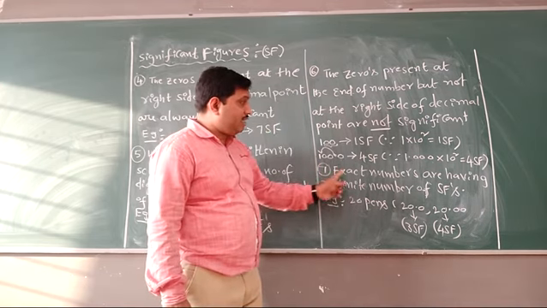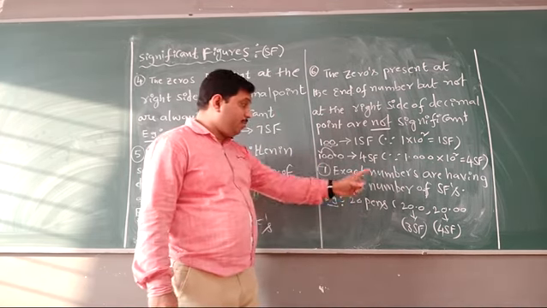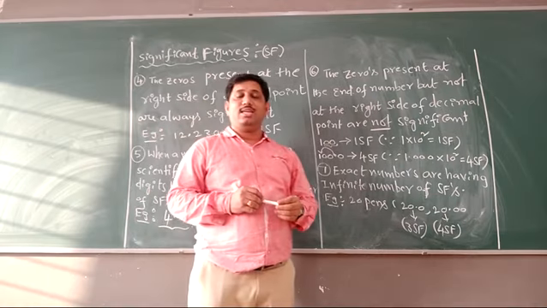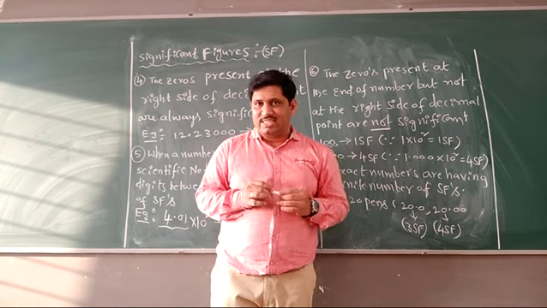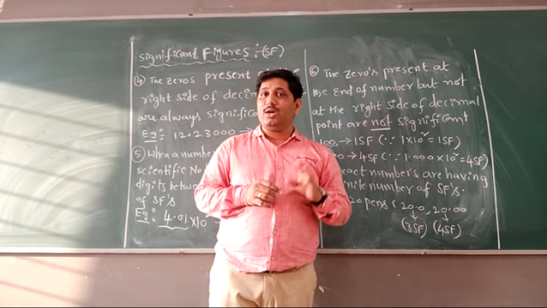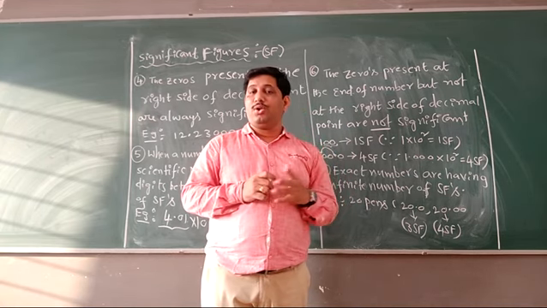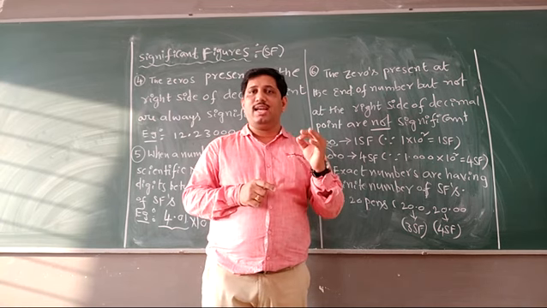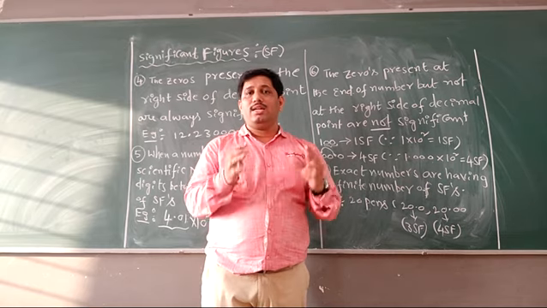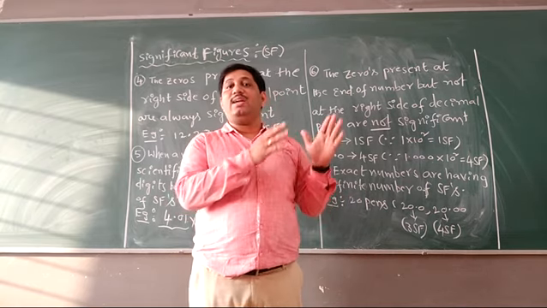Next one, students, exact numbers are having infinite number of significant figures. The reason is, for suppose 20 pens, there is no chance for 20.15, 20.25, 20.75. The pens can be counted 1, 2, 3 like that. 20 pens are there. That result will be 100% accurate.